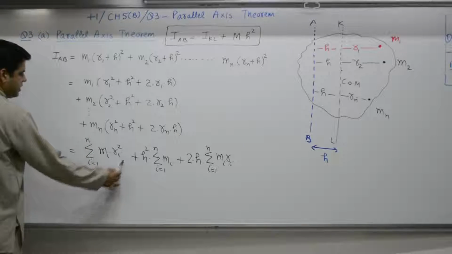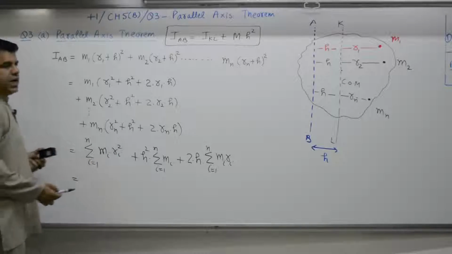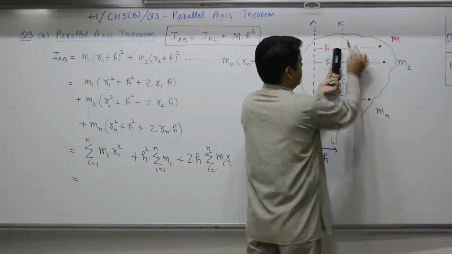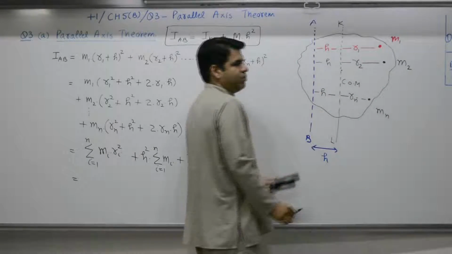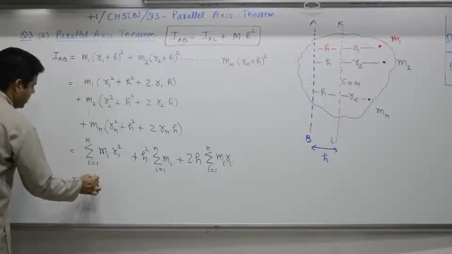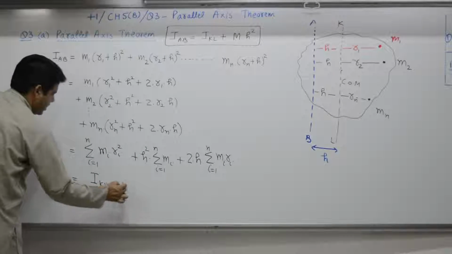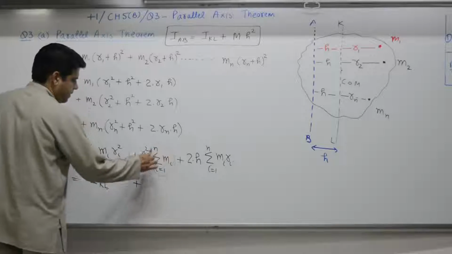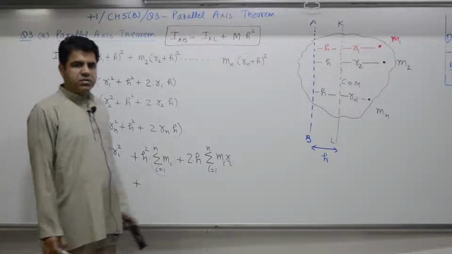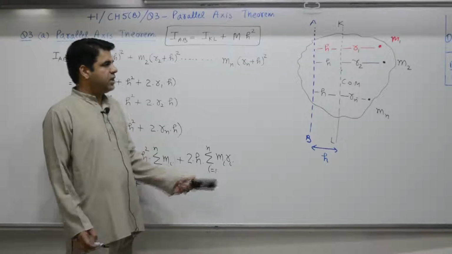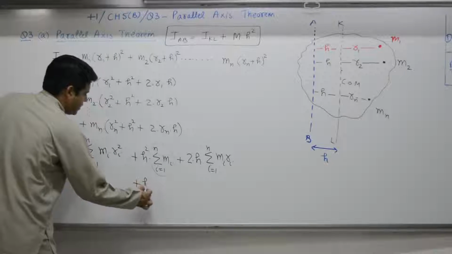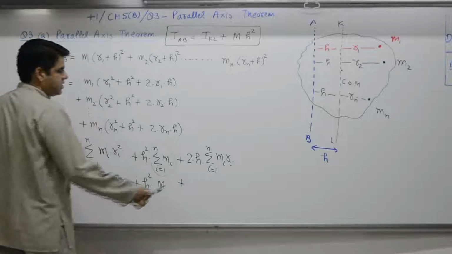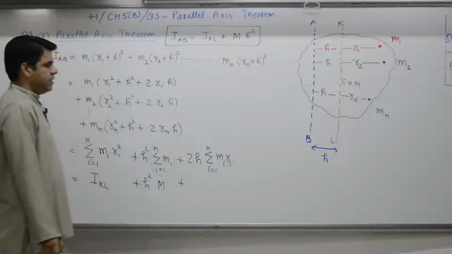What does this mean? m1 r1 square, m2 r2 square, mn rn square is the moment of inertia about KL. Moment of inertia about KL plus the sum of all masses, m1 plus m2 plus m3, the sum of all the masses in the body means the mass of the object. It is h square times capital M, and this part, sum of mi ri, is equal to 0.